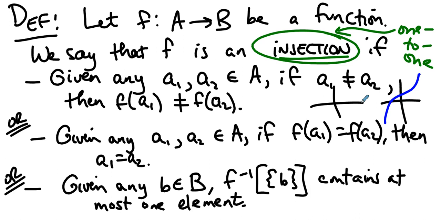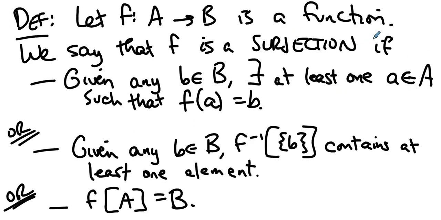Functions that fail the horizontal line test, well, what does the horizontal line test do? The horizontal line test says, here's an A1 and here's an A2 where f of A1 is f of A2. So functions like this fail the horizontal line test. They are not one-to-one. They are not injections.